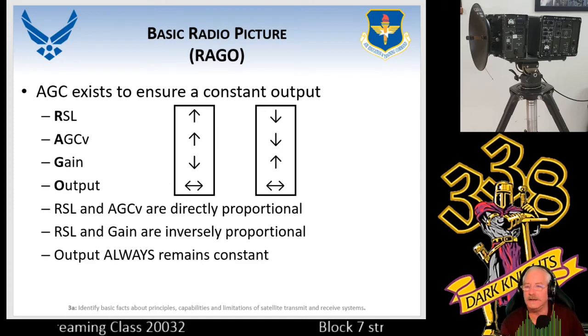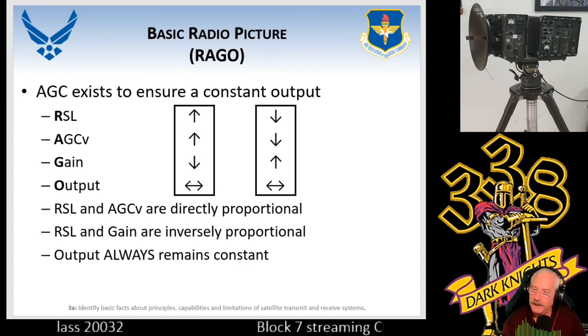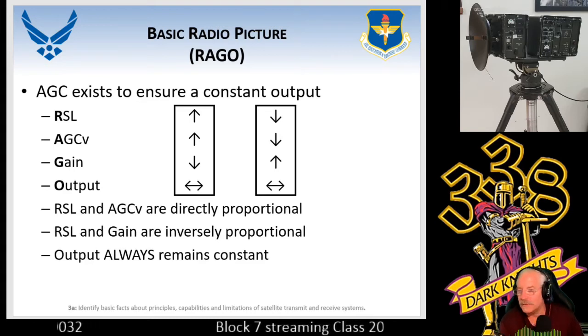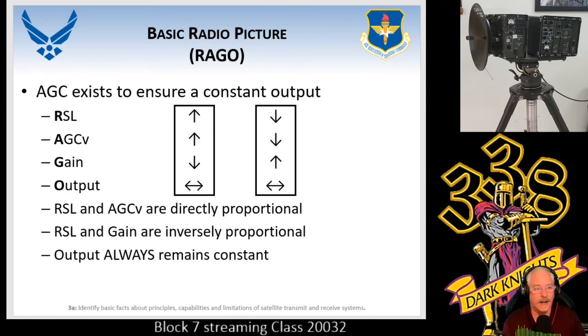And the idea is to have that constant output. When the plane leaves, that AGC is going to compensate as the plane keeps going further and further out. And that's pretty much what RSL is, that receive signal level from the plane either coming in or going out. So let's go look at when it's coming in.